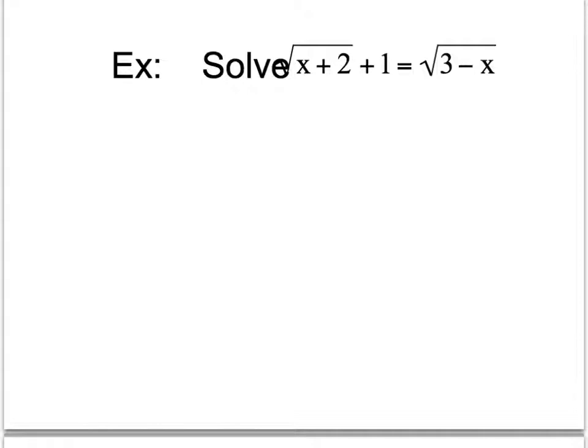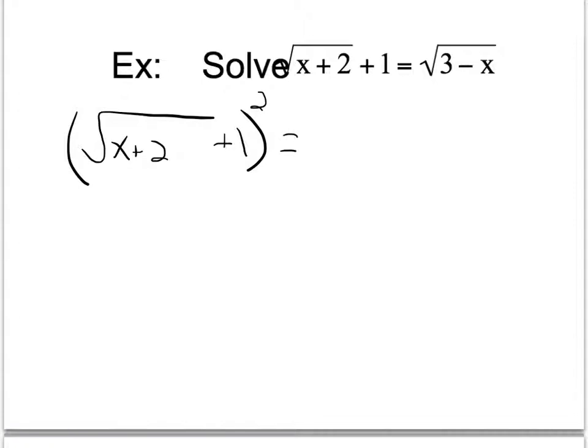Again, we want to follow our steps. We want to get a square root sign by itself on one side, which we already have. So I'm going to raise both sides to the second power to get rid of one of the square root signs. This means the square root of x plus 2, plus 1, squared equals the square root of 3 minus x, squared.